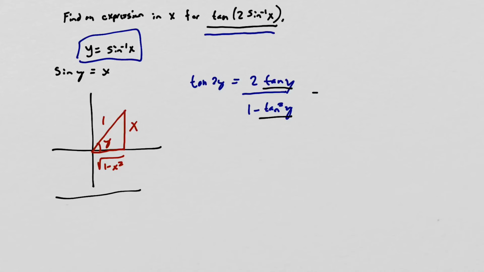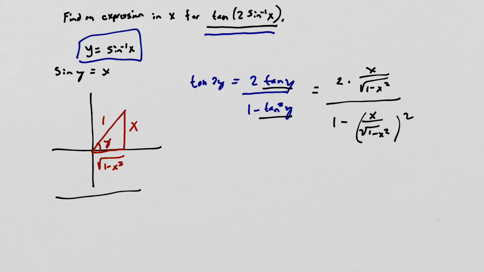So rewriting this, we get that this is going to be 2 times x divided by square root of 1 minus x squared, all divided by 1 minus x divided by the square root of 1 minus x squared, squared. Now we need to go ahead and simplify this.